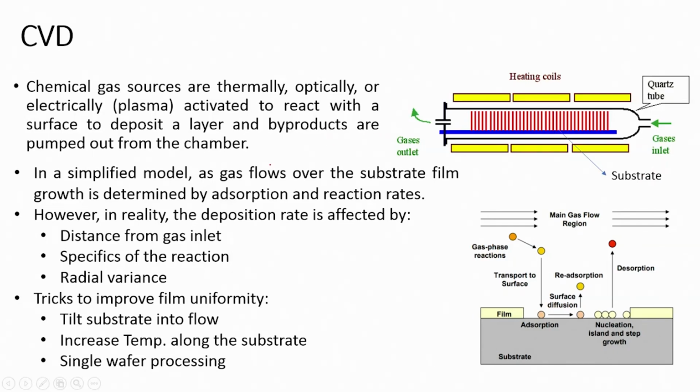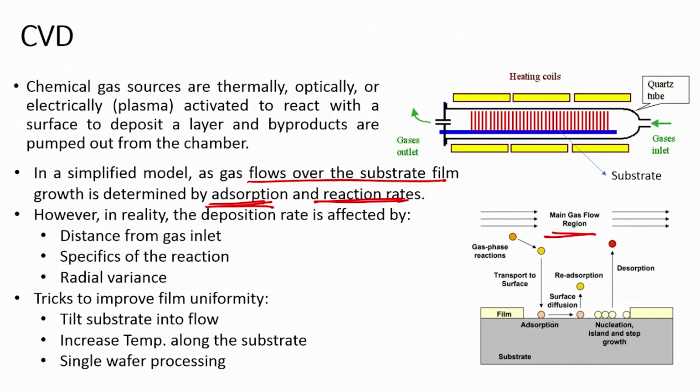In a simplified model, as a gas flows over the substrate, film growth is determined by absorption, adsorption and reaction rates. You can see here the main gas flow region, gas phase interaction, transport to the surface, surface diffusion and readsorption. In the same way there is desorption, and this is how the film starts growing.